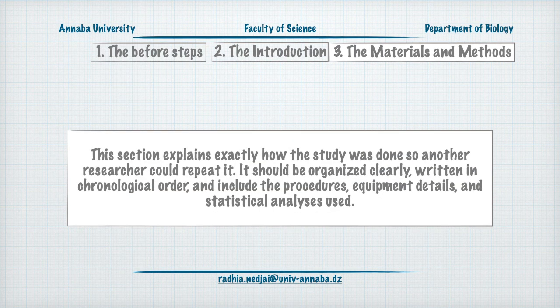The third step is the materials and methods. This section explains exactly how the study was conducted, so that others can replicate it. It should be organized clearly, written in chronological order, and include the procedures, equipment details, and statistical analysis used, along with references if methods are borrowed from other studies.